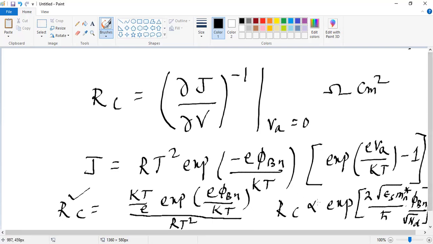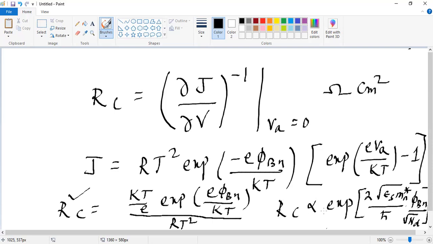So we got the relationship between the specific resistance and the barrier height, and also between the specific resistance and the doping concentration on the semiconductor side.